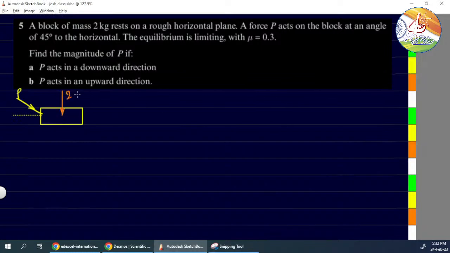Downward force is 2g. This force is P. Then angle 45 degrees. So this angle is 45 degrees. Equilibrium is limiting. Mu value is given. Mu value is 0.3. Find the magnitude of P. Okay.